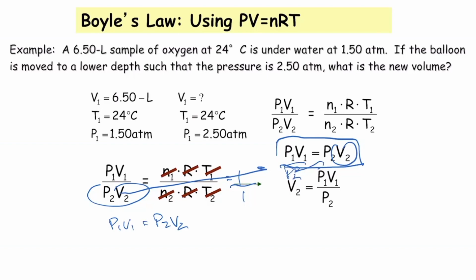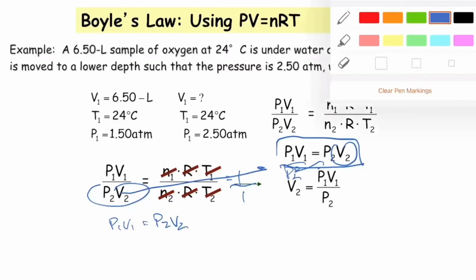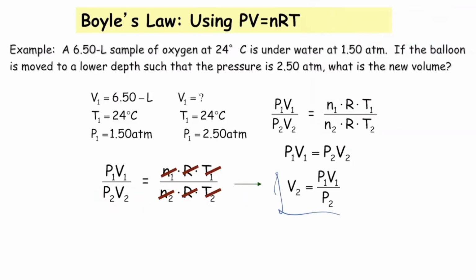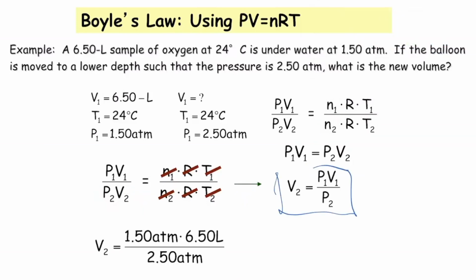Let me clean this up for you. All you got to do now is plug in the variables, and you've got your answer. The hardest part is making sure you understand the algebra so you can manipulate the P, V, n, and T variables. If you can do that, these problems are super easy.